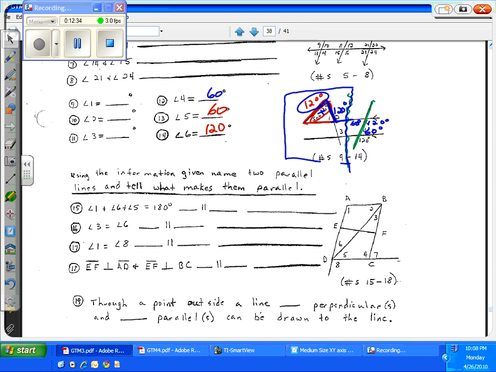So angle 2 is 120 degrees. There's two ways to get angle 1. The sum of all of the angles of a triangle is 180. If those two added up to 120, then angle 1 would be what was left, 60 degrees. Or it's a linear pair with angle 2, so it's 60 degrees. So we've gotten that angle 2 is 120 and angle 1 is 60.